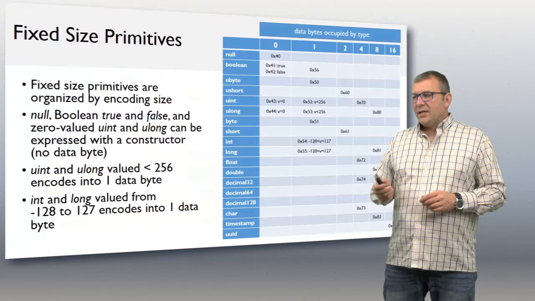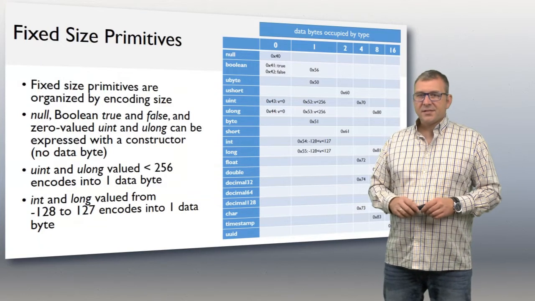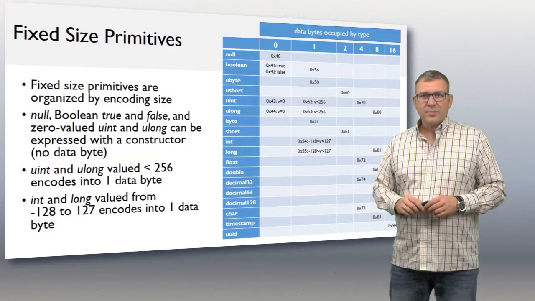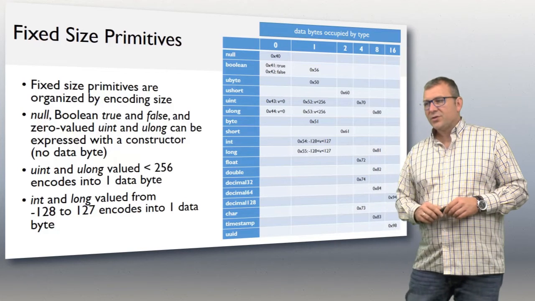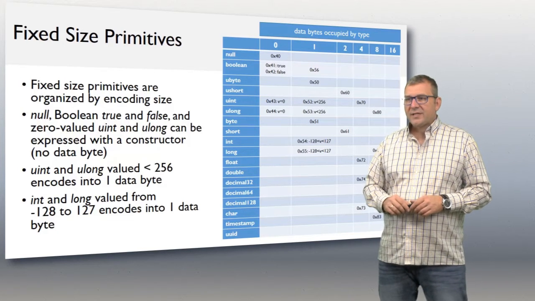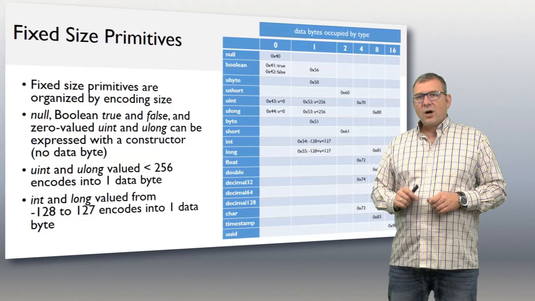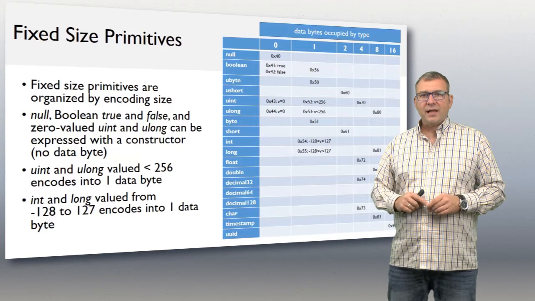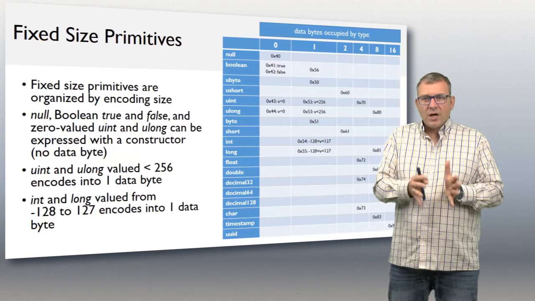The fixed size data types, the primitives, all have different codes, and AMQP takes commonly used types and commonly used values and compresses them into a more compact form.